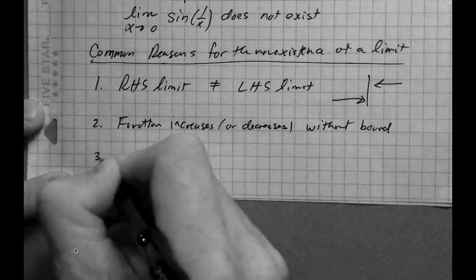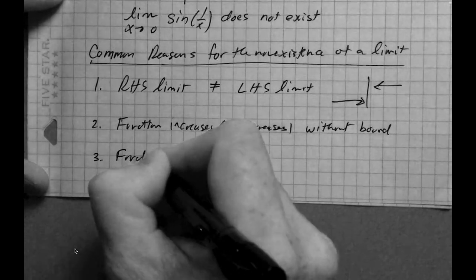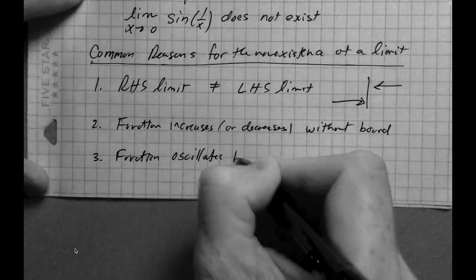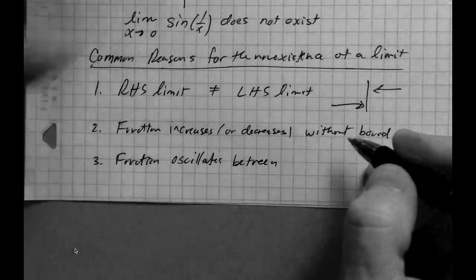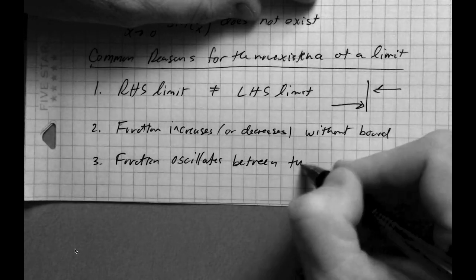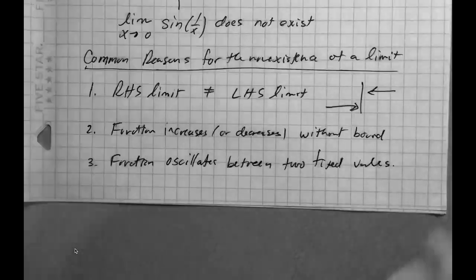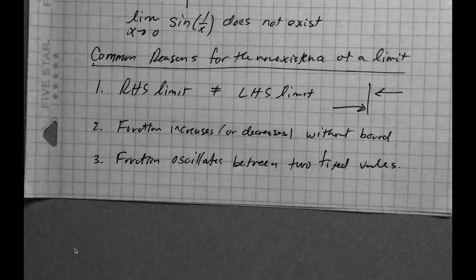And then the third one that we just talked about is when the function oscillates between two fixed values. The fixed is important. There are examples where the oscillation occurs, but it's not between two fixed values, where you could have arbitrarily increasing oscillation.